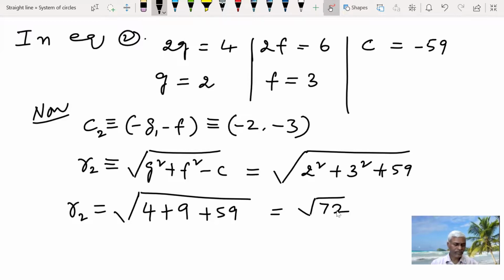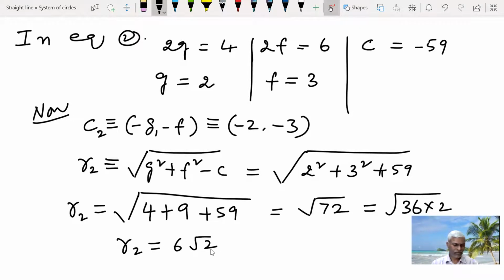Root 72, 36 into 2, that is 6 root 2 is the radius.